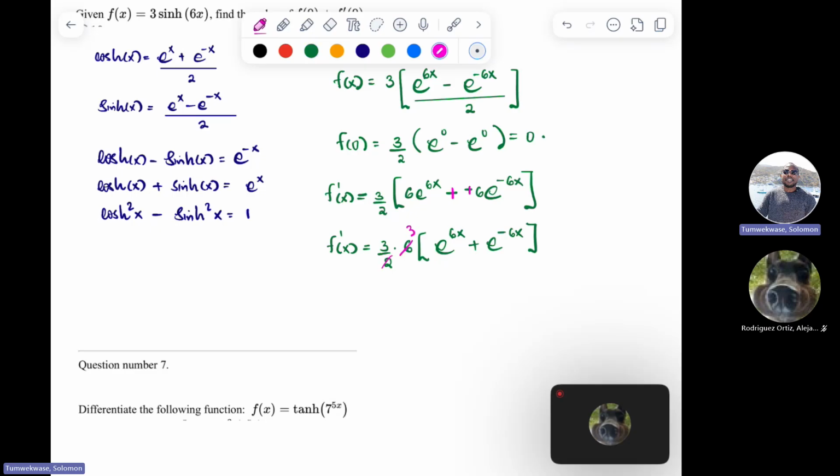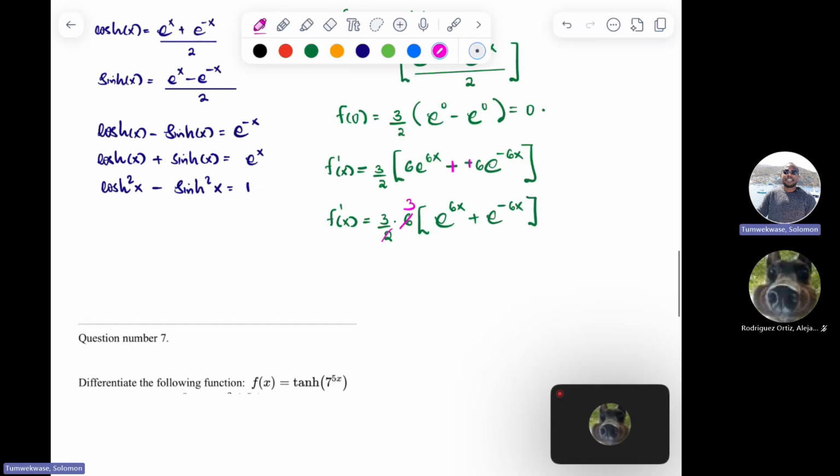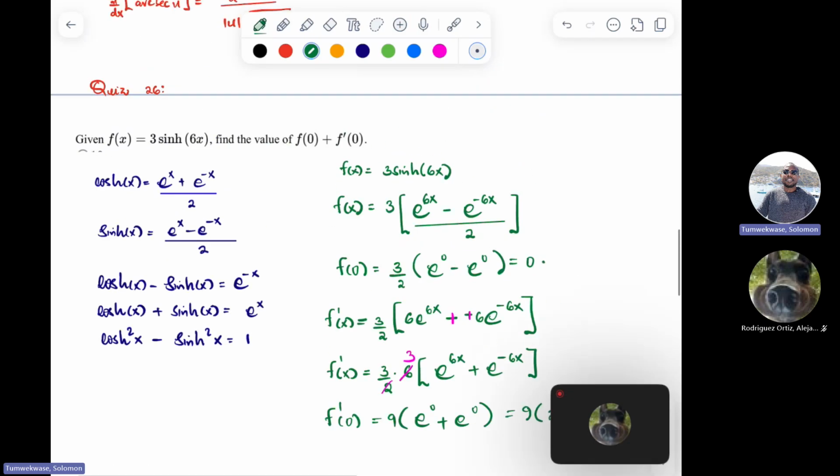This 6 can be reduced with the 2 by 3. So finally, I need to find f prime of 0, which is 9 times (e to the 0 plus e to the 0), and this is 9 times 2, which is the same as 18.